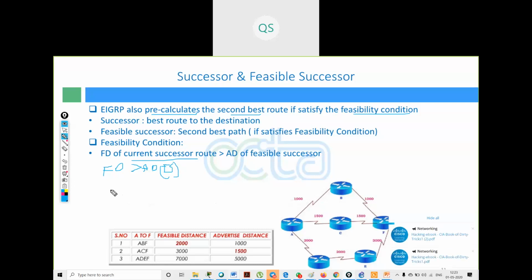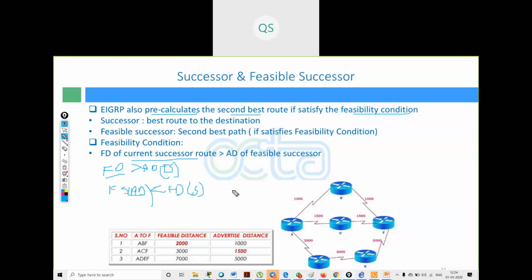Or you can say, the feasible successor's AD should be less than the FD of the successor.